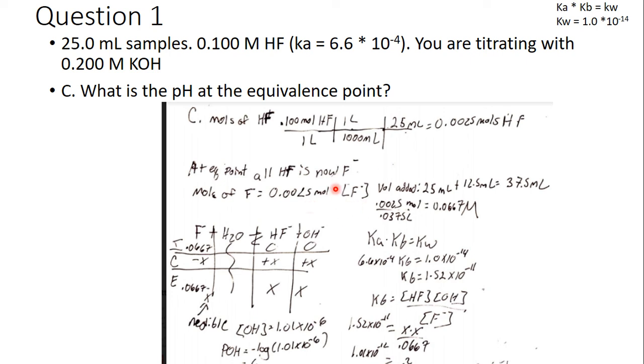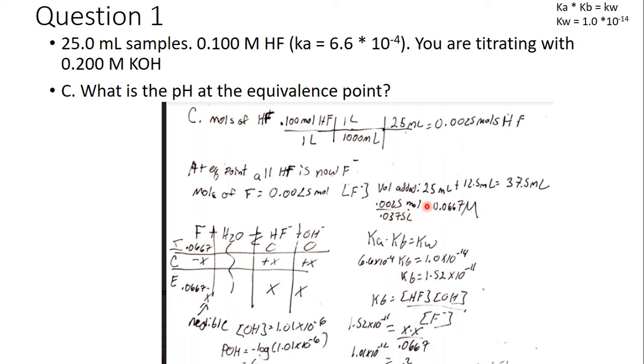I want molarity though, so let's look at molarity. We started with 25 milliliters of HF. We added 12.5 milliliters of potassium hydroxide, so the volume is 37.5. So molarity of F minus is 0.0025 divided by 0.0375 liters. Remember, it's moles divided by liters, which is 0.0667.